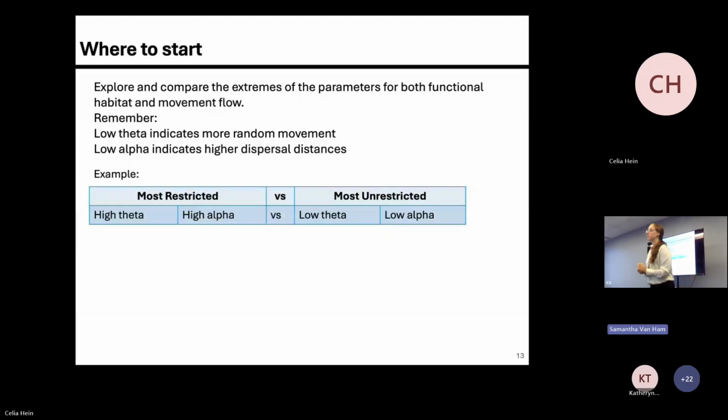A quick question about the parameters. So theta, what is it bounded by? It's 0 to infinity, but you won't get past 5 realistically. You'll probably get errors around there. So I stopped at, I think, 3 or something. Okay, so it's not extreme. And then alpha, 0 is being like no dispersal, right?